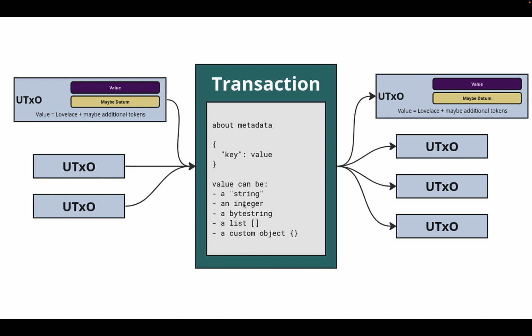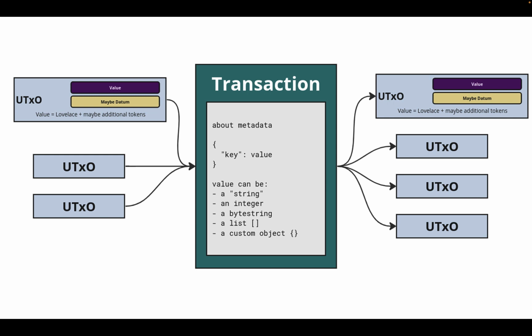A string or an integer, as you just saw. A byte string, which can really come in handy, but we're not going to cover right now. A list of any of these other items, or a custom object consisting of some combination of these kinds of values, and this object does follow standard JSON notation.